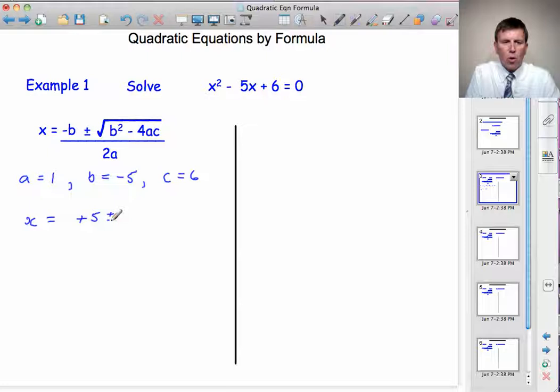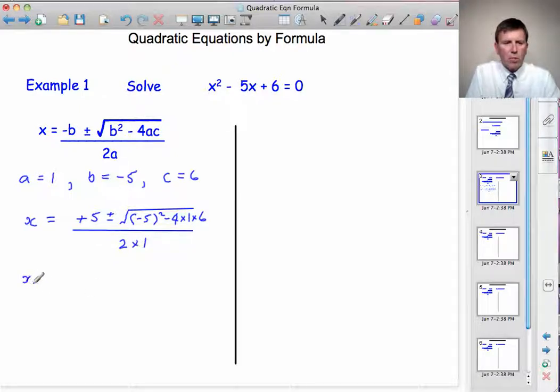Plus or minus the square root of b squared minus 4ac, so that's minus 5 squared minus 4 times 1 times 6, all divided by 2a, which is 2 times 1 in this case.